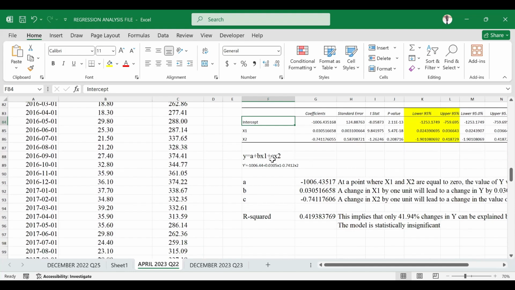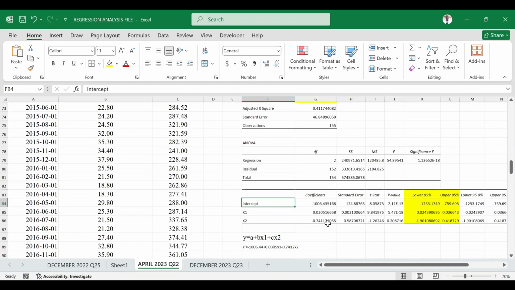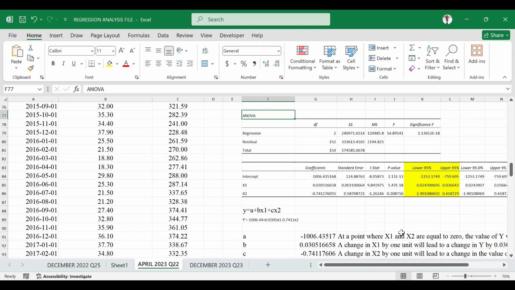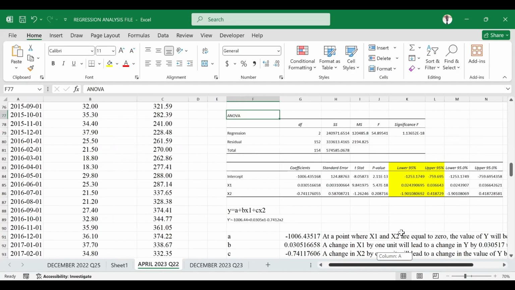So when you play around with the cost function, another thing, make sure you know how to interpret the results. It's not about running the regression analysis. You'll have everything, regression analysis from ANOVA and all that. Once you have them, are you able to interpret? Do you understand what those outputs mean? The Y intercept, the independent variable one, and the next one, and the confidence levels. You know what they mean.